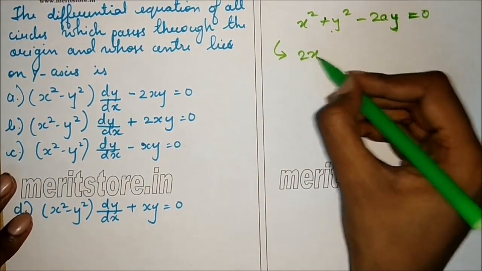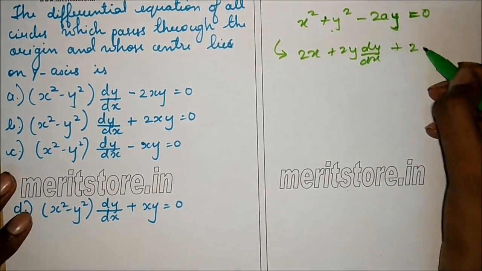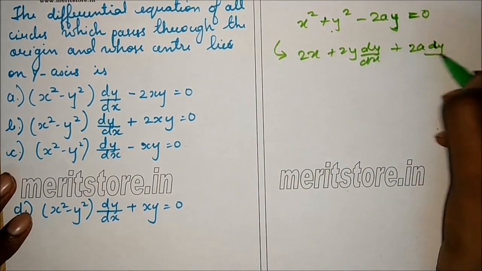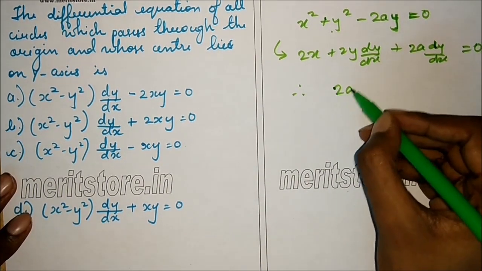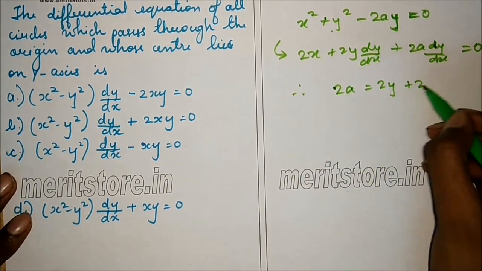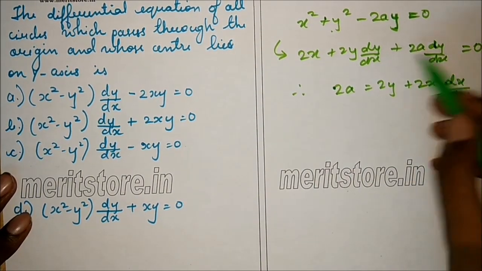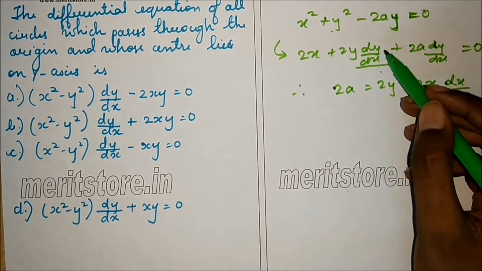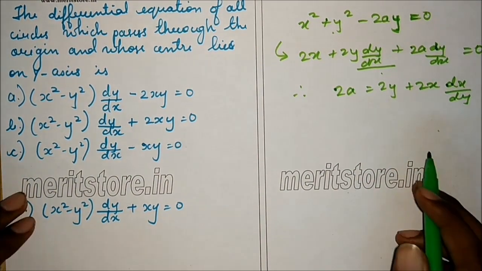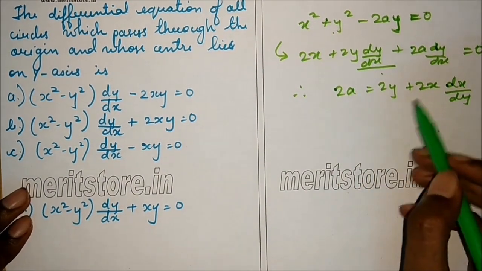So this will be 2x plus 2y dy by dx minus 2a dy by dx equals 0. That is, 2a will be 2y plus 2x dx by dy. Dividing throughout by dx by dy, we got this.